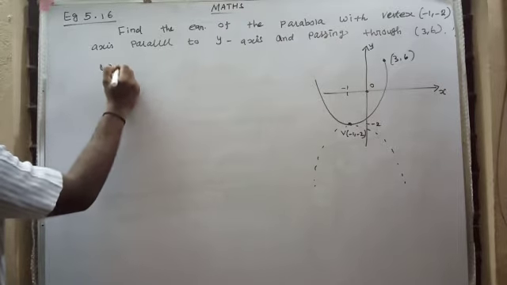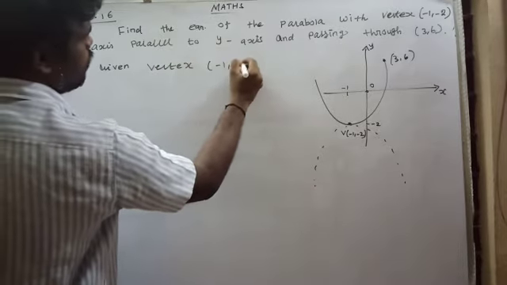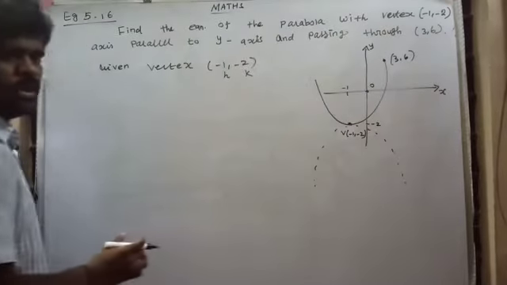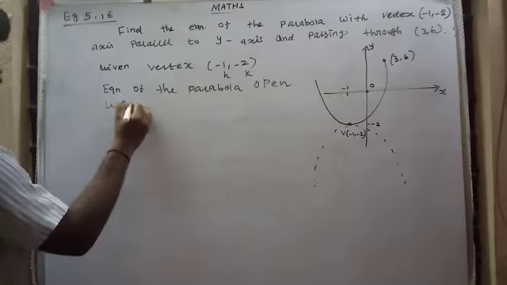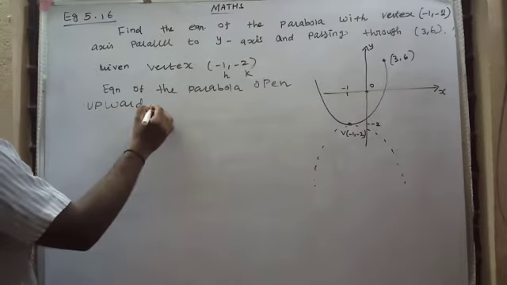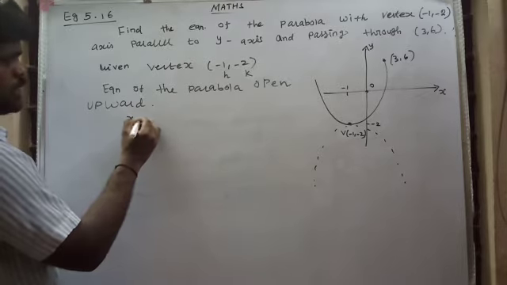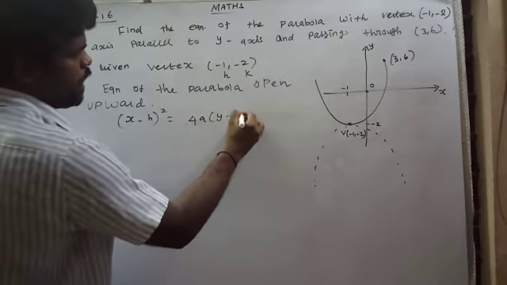Given the vertex (-1, -2), this is (h, k). For the equation of a parabola open upward, we have a formula: (x - h)² = 4a(y - k).